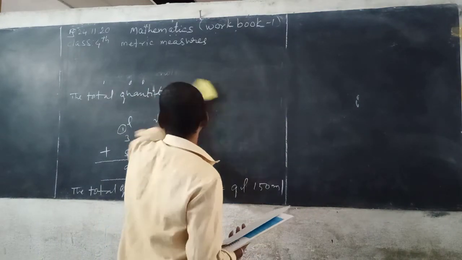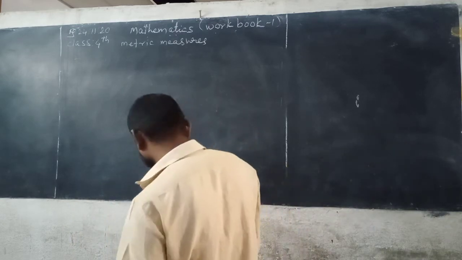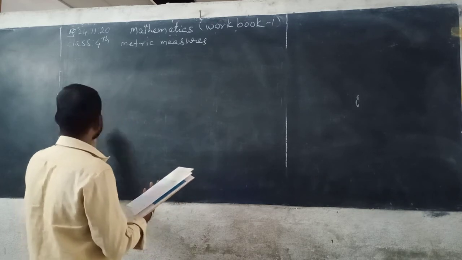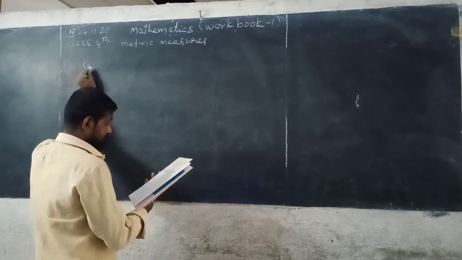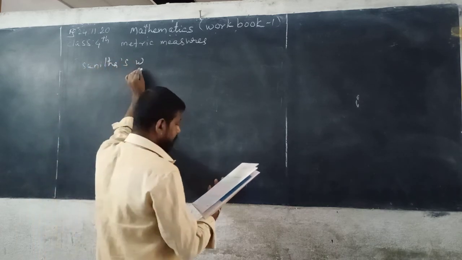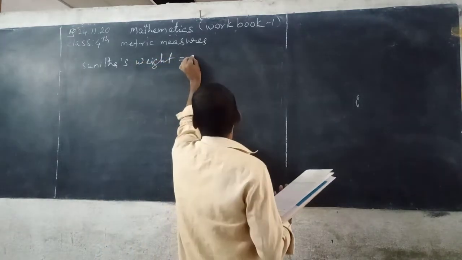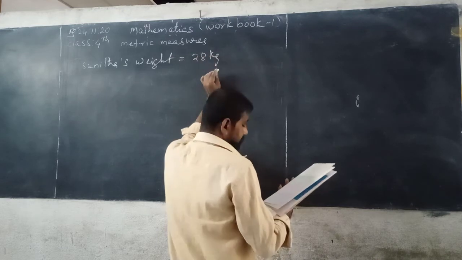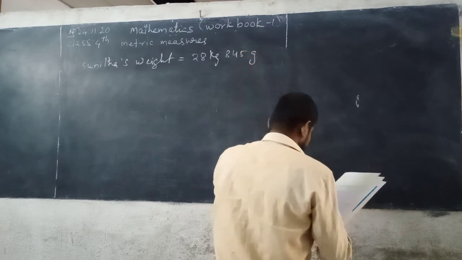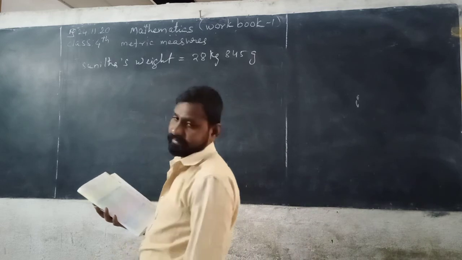First you can write Sunita's weight. That is equal to 28 kg 845 grams. Now we can find out the weight of Anita.